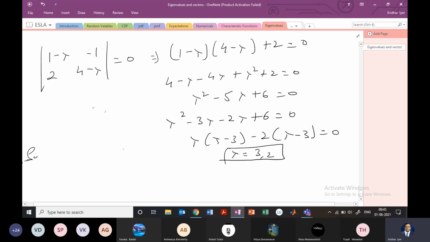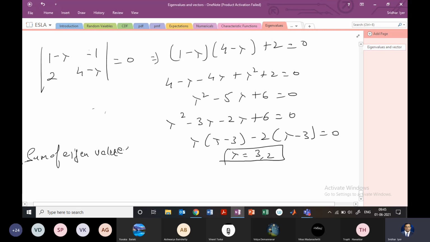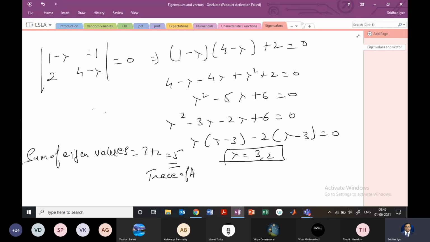So the sum of eigenvalues is 3 plus 2, which is equal to 5, and this is nothing but the trace of A. So that is the first part which we have proven, that the sum of the eigenvalues is equal to the trace of the given matrix.